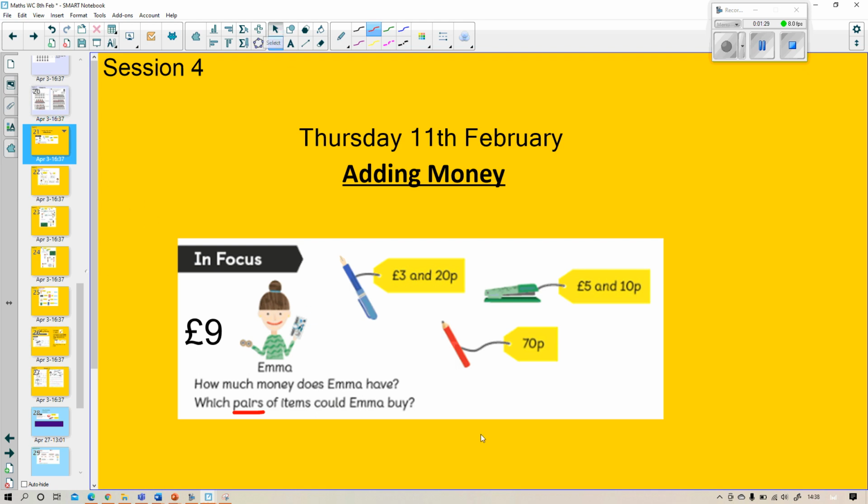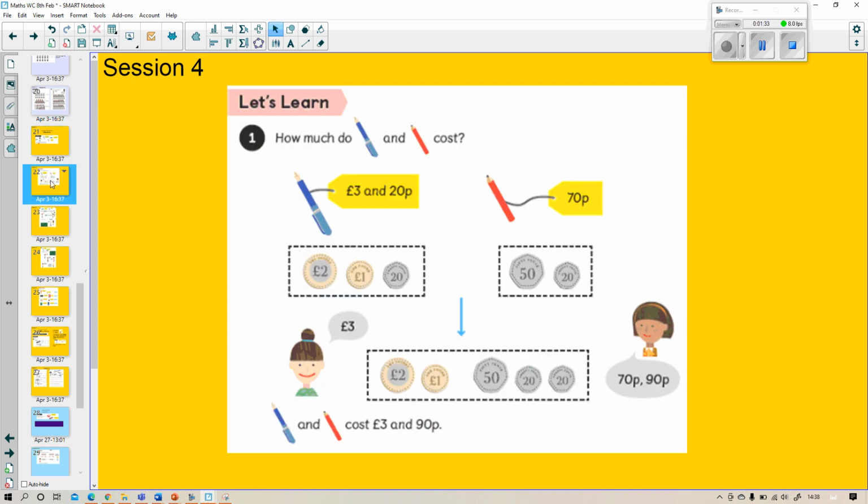Okay, welcome back. Now then, let's have a look at what she could buy with her £9. So if she wanted to buy the pen and the pencil, now we know the pen is £3 and 20 pence and the pencil is 70. So we need to check that she could buy that with her £9. So £3 and 20, here it is, £3 and 20 and 70 pence.